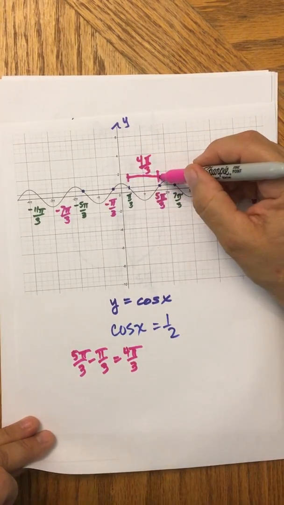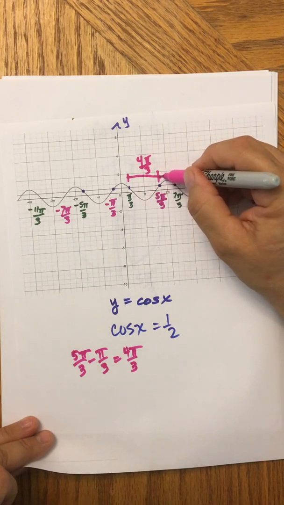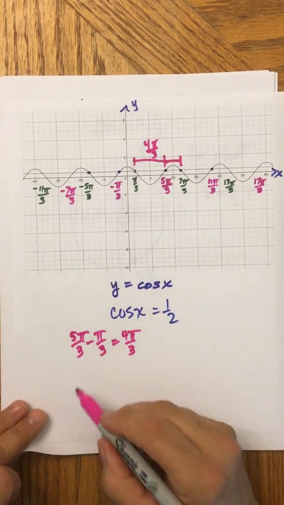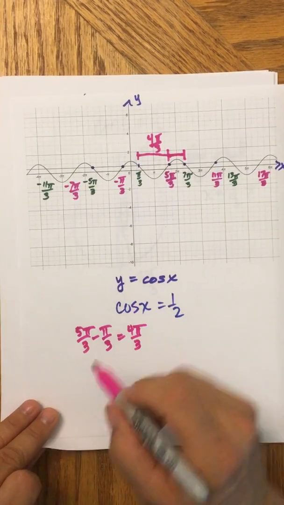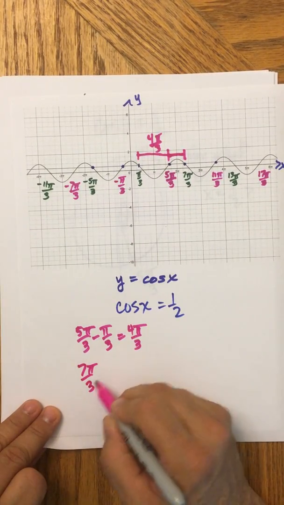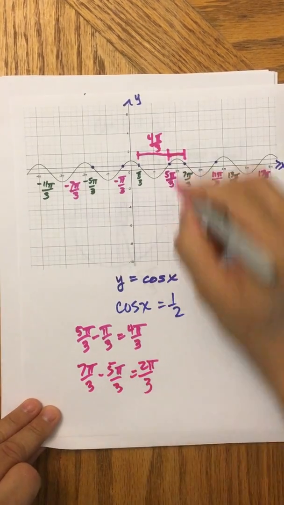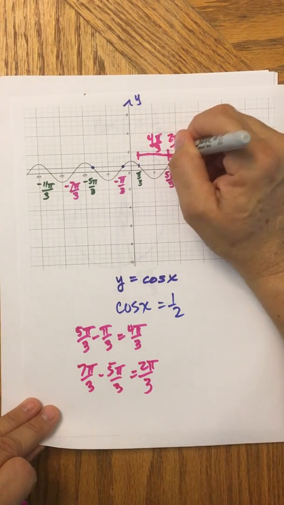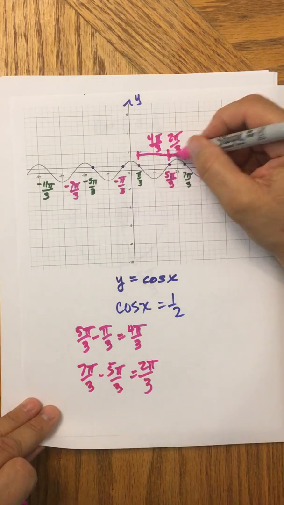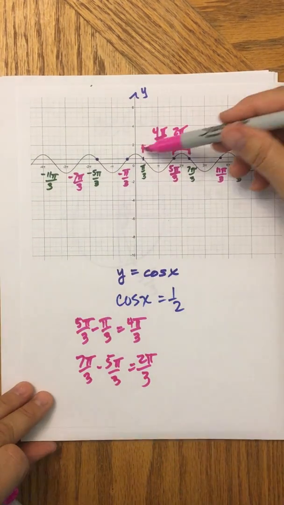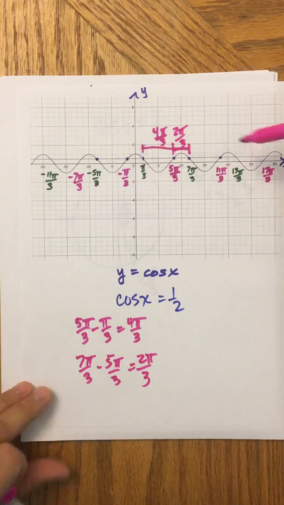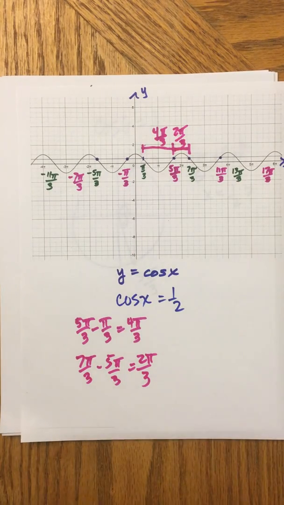Now let's take a look at the distance between this and the next one. Between 5 pi over 3 and 7 pi over 3, 7 pi over 3 minus 5 pi over 3, that's 2 pi over 3. And I can see on the graph that this distance is longer than this one. And so you get a long and a short, a long and a short. You can see that these are not equidistant.